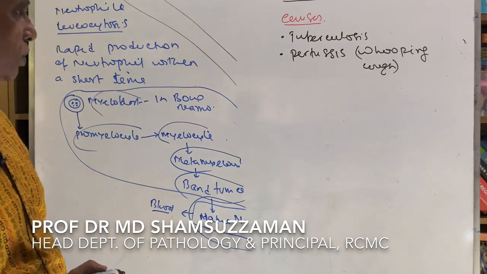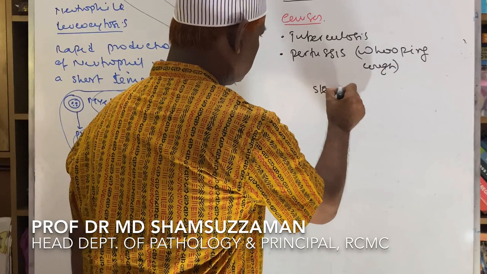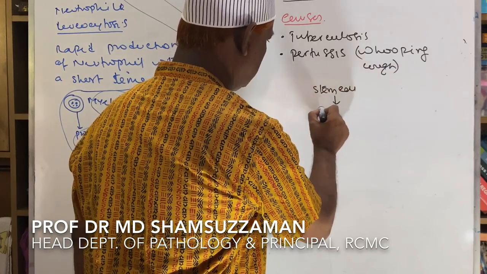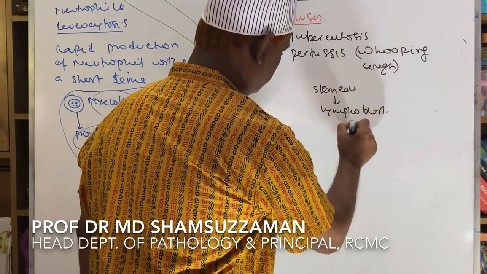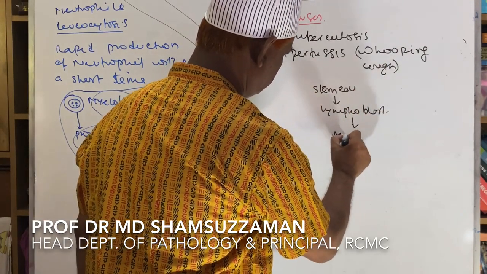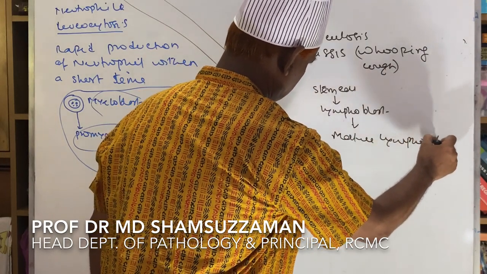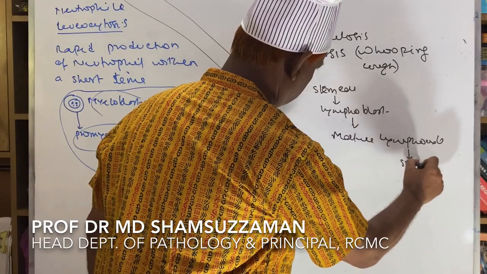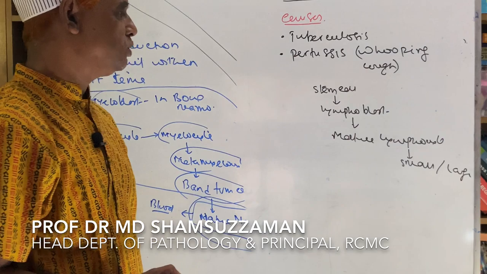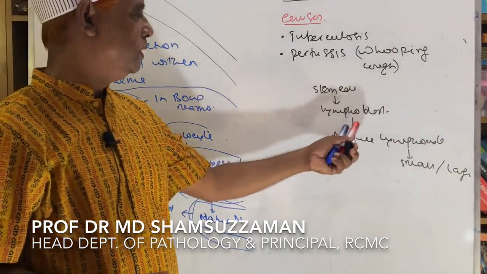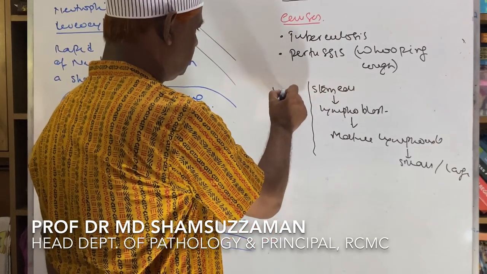Dear audience, you know, the stem cell or primitive cell gives us lymphoblast, and from the lymphoblast we get mature lymphocytes, either small or large.